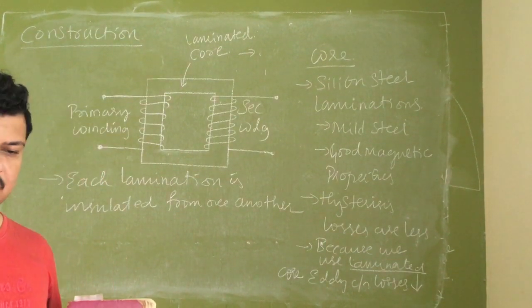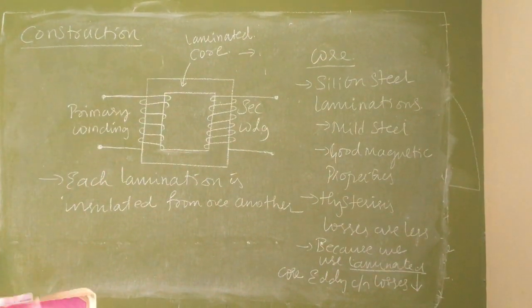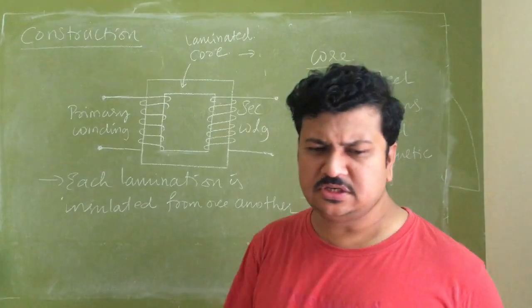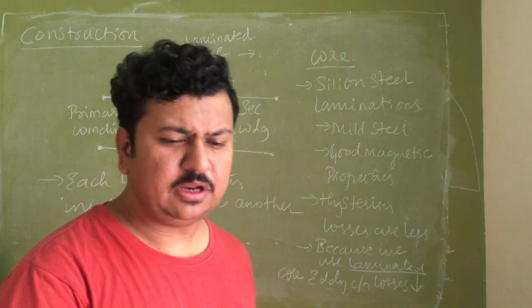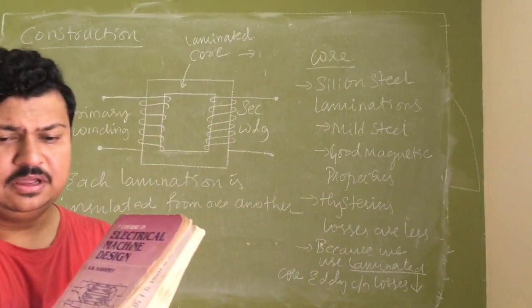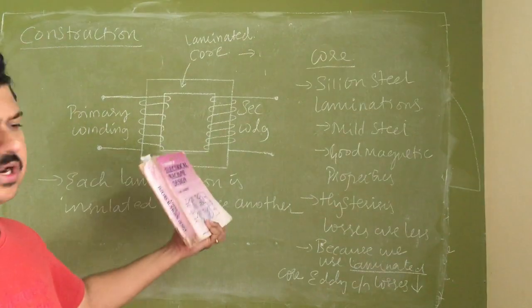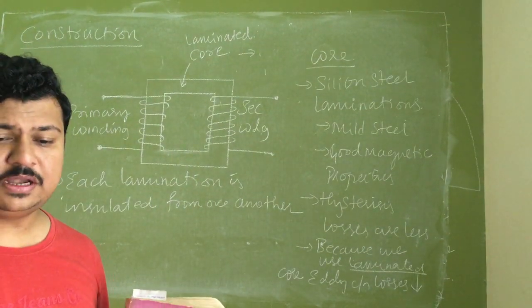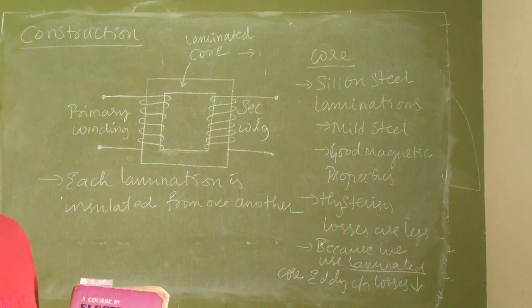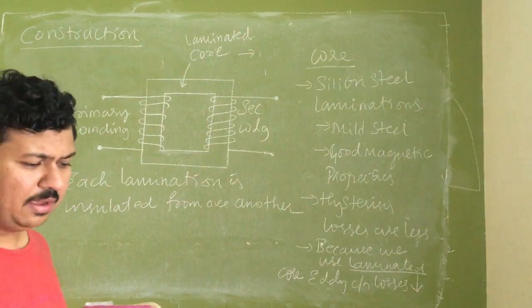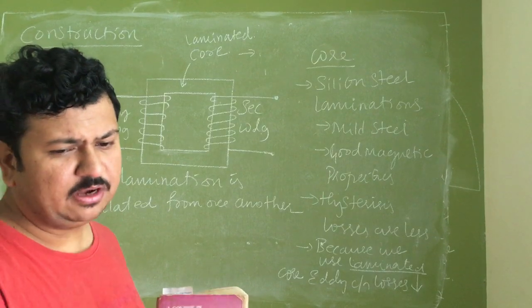Because with this type of construction, laminated core construction, the eddy current losses are minimized to a very, very low value. Or else my eddy current losses will be more. More losses means more temperature rise. So the transformer will heat up to a very high temperature, which it cannot withstand. It may damage the insulation that is provided for the conductors.